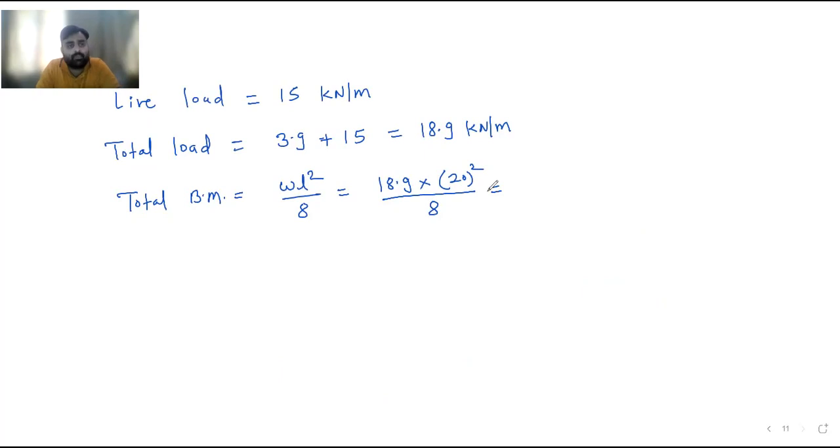Bending moment is 945 kilonewton meter. Okay, 945 kilonewton meter.